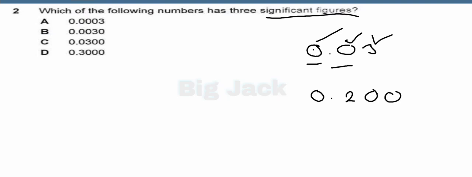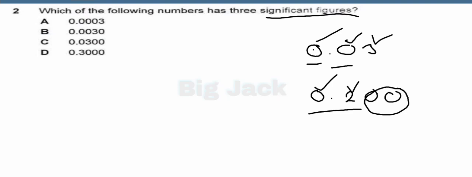We only have 2 significant figures, because I said zeros on the left hand side, we consider them to be significant figures, meaning this one is a significant figure, and even this 2 here is a significant figure. But the zeros on the right hand side, which are not covered by the whole number, are not significant figures. Meaning these 2 zeros are not significant figures. Here we only have 2 significant figures.